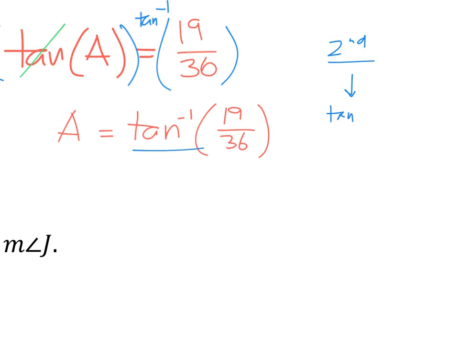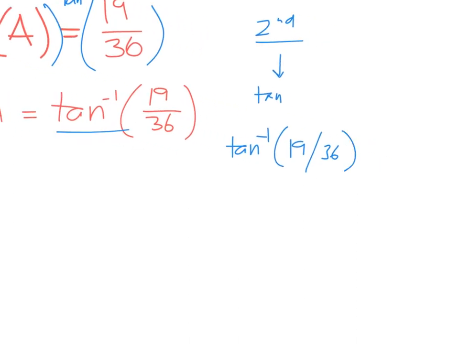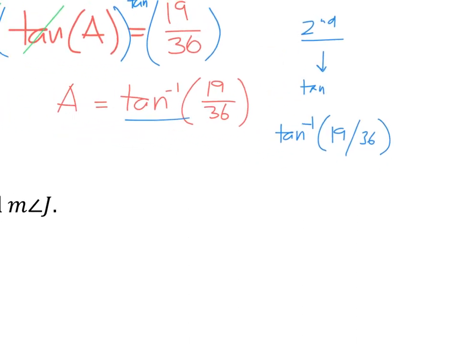So on your calculator, you should have tangent inverse, and it'll fill in the first parentheses. You just type 19 divided by 36. Close your parentheses, and then that will give you your answer as a decimal. In this case, it'll give you 27.824. Our problem said to round to the nearest degree, the nearest whole number. So angle A is going to be 28 degrees.